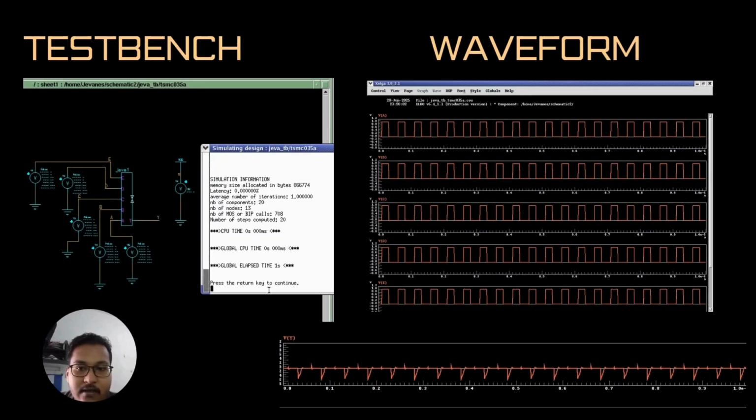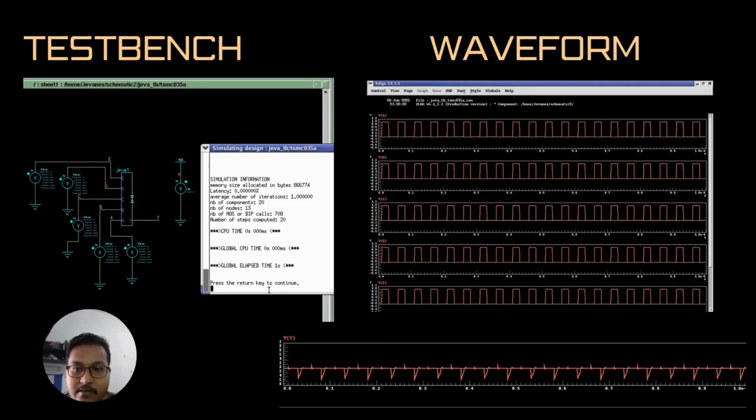The test bench is to verify and validate the schematic circuit, whether it is in correct connection and design as our expected result, which is similar to the truth table.